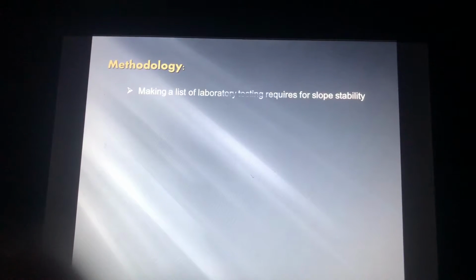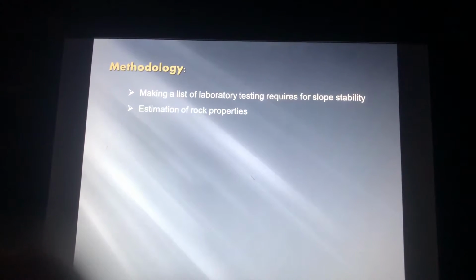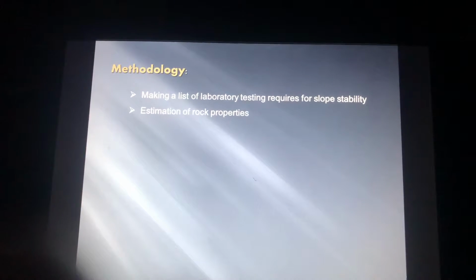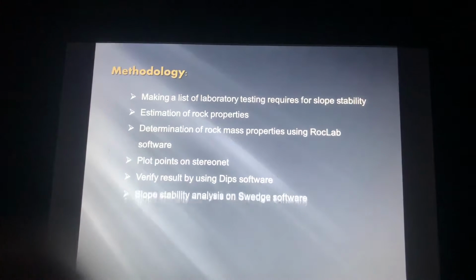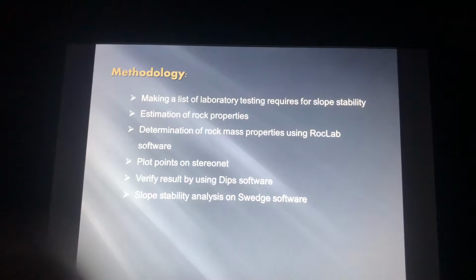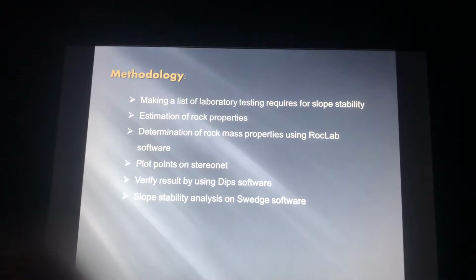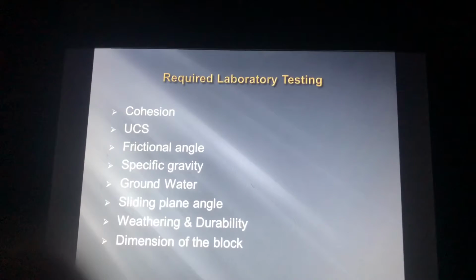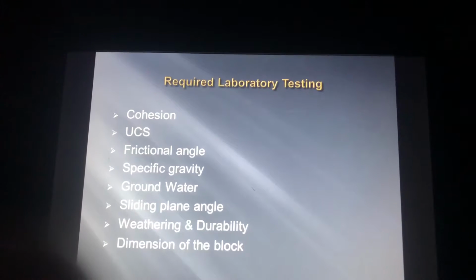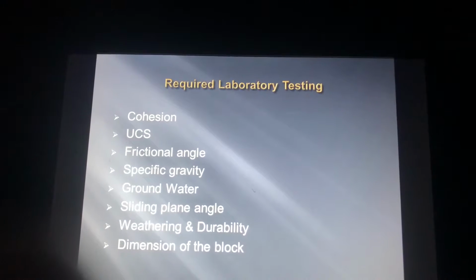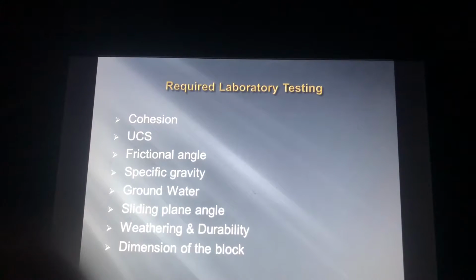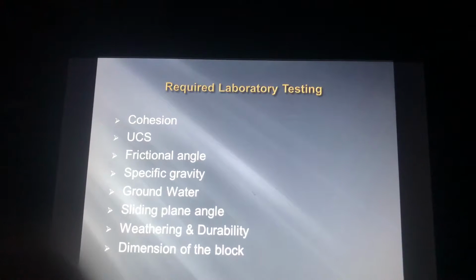Our approach is methodology. Our approach is a different methodology: making a list of laboratory tests, estimation of properties, determination of rock mass, plot points on stereonet, verify results by using DIPS, and slope stability analysis on Swedge software. Required laboratory testing includes cohesion, UCS, friction angle, specific gravity, groundwater condition, sliding plane angle, weathering, and durability.